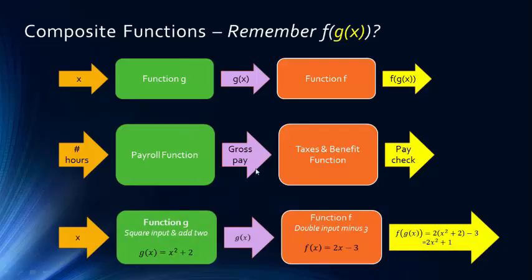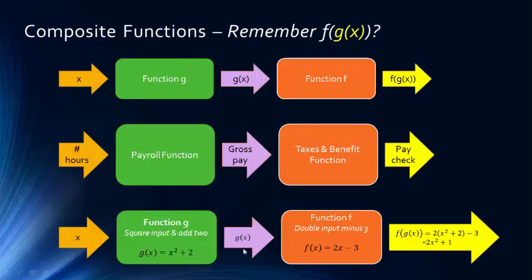So let's look at an actual function. Let's say that g of x is x squared plus 2, and f of x is equal to 2x minus 3. We're trying to figure out what f of g of x would be. Remember, when you put x into g, you simply get g of x out. So this becomes x squared plus 2.